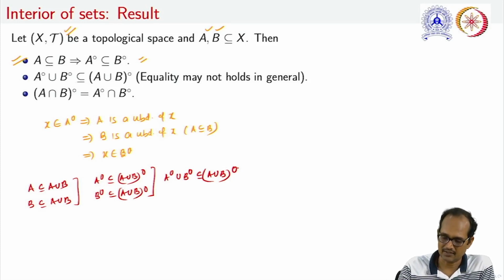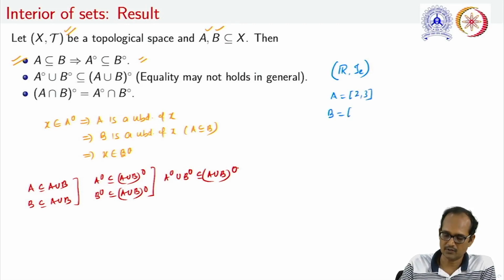Let us see an example. Take the real line with Euclidean topology, and let A be the closed interval [2, 3] and B be the closed interval [3, 4]. Then A union B is nothing but the closed interval [2, 4]. A interior, as we have already seen, is the open interval (2, 3).